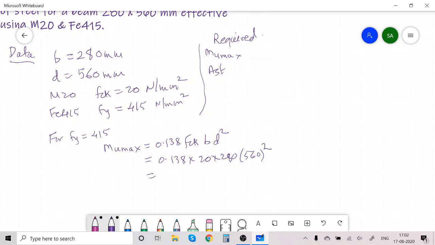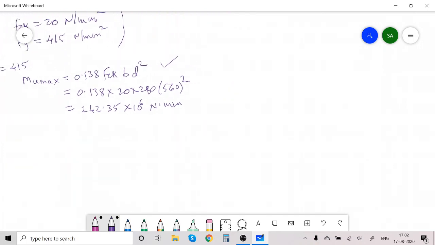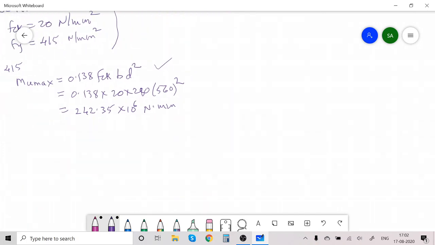So simplify this, you will get the value of Mu max as 242.35 into 10 raised to 6 Newton mm. This equation we derived in the second lecture, that is for Fe 415: Mu max is 0.138 fck b d square.